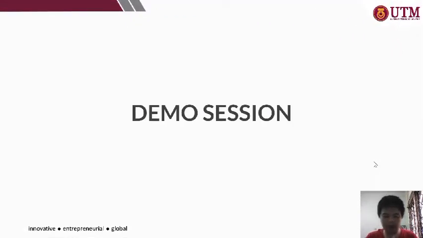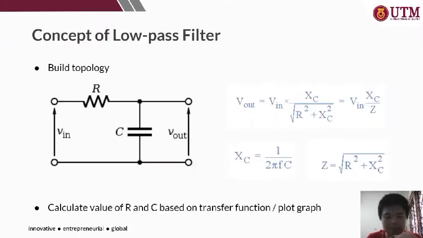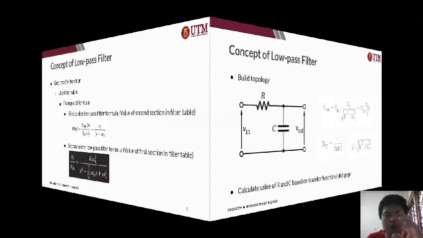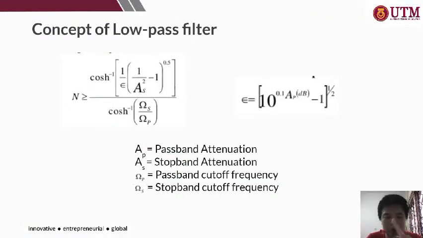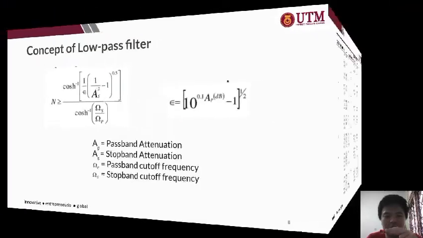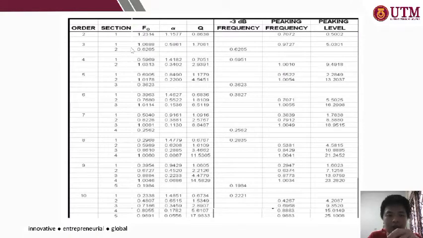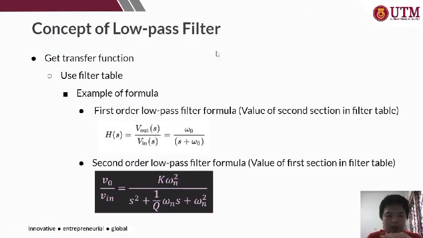Before I end my presentation, I want to tell you about the conclusion, the overall steps to design the low pass filter. First, we need to know about the order. The second step is we need to know the value of the f naught, and q, etc. The third step is we need to build the transfer function.